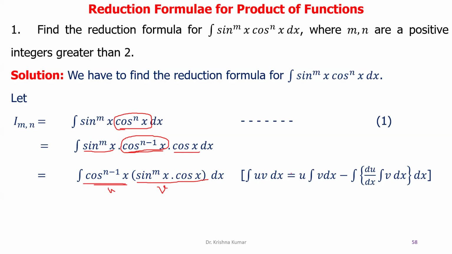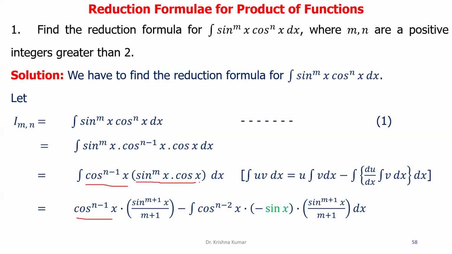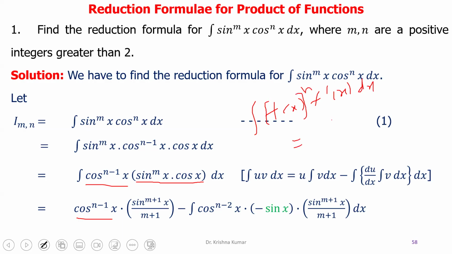So let us write here the first function is cos to the power n minus 1 x, and the second is the integration of sine to the power m x into cos x. So we can apply this formula: integral of f of x to the power n into f dash of x dx is equal to f of x whole to the power n plus 1 upon n plus 1.